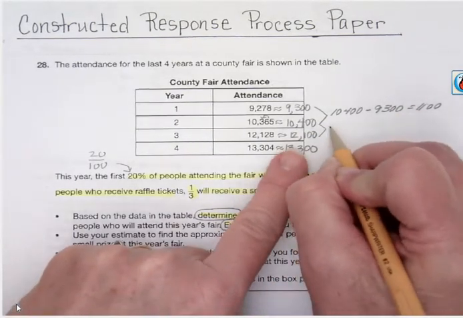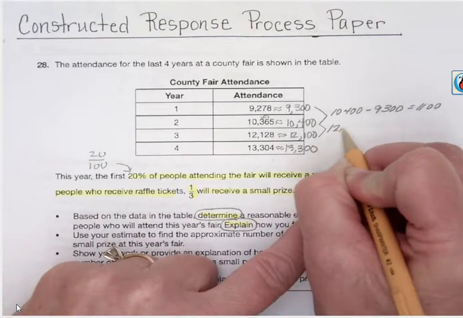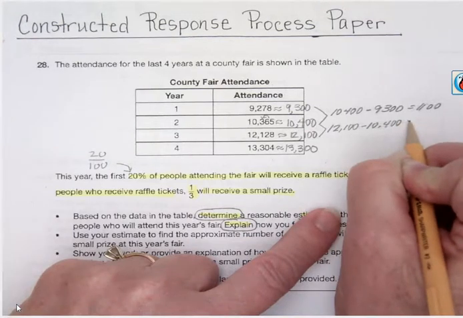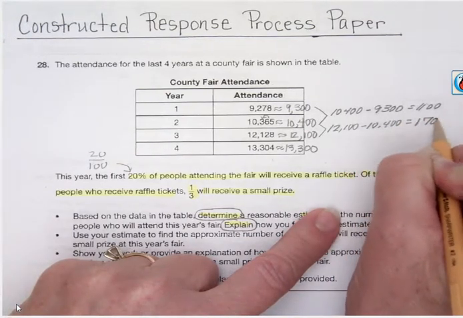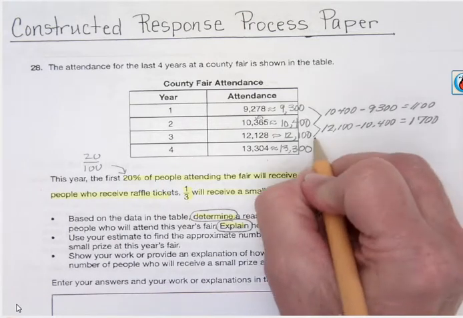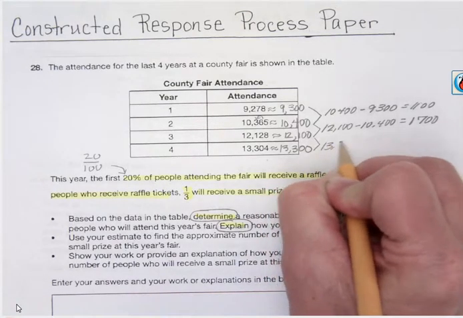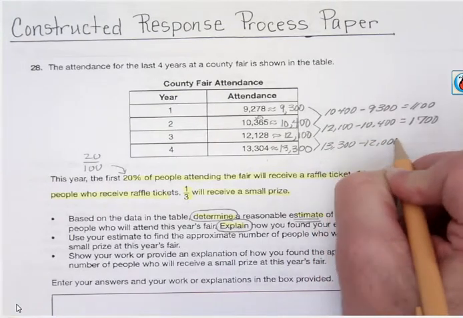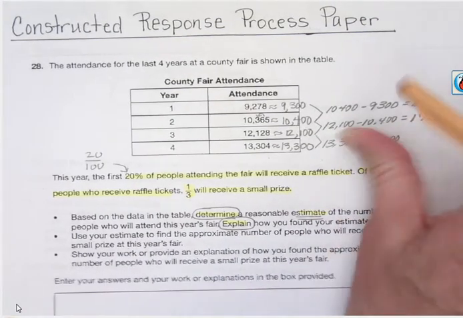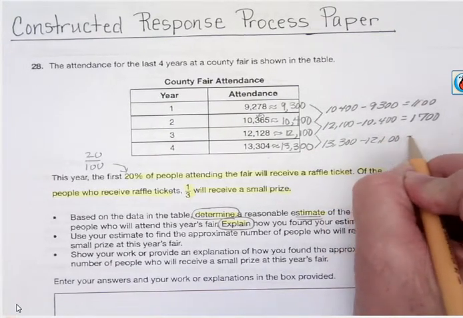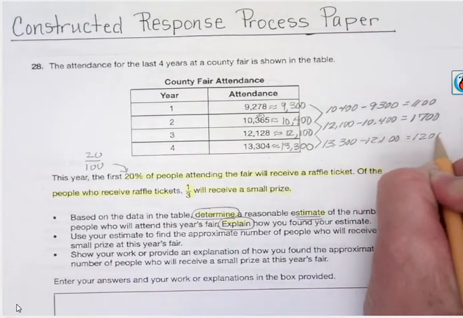I'm going to take my 12,000, put that first, subtract, and discover that this change is 1,700. Again, same thing. We're going to subtract. Oh, it's supposed to be 12,100, to give me a change of 1,200 people.